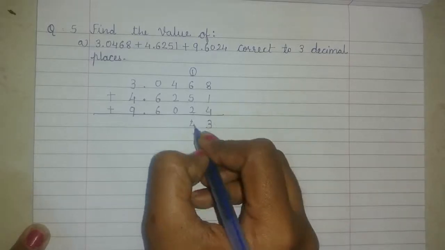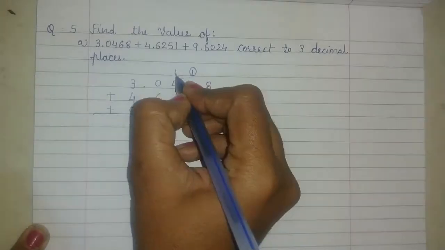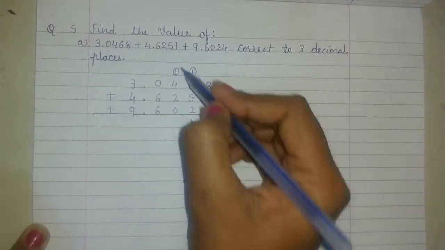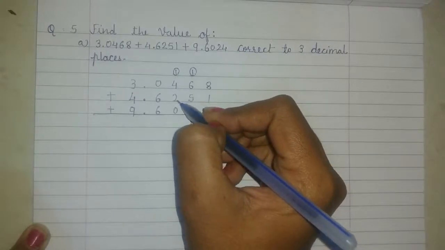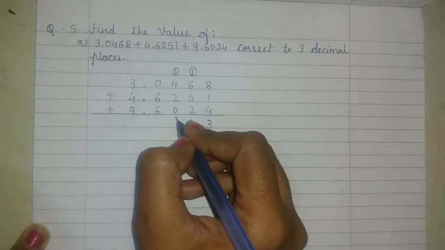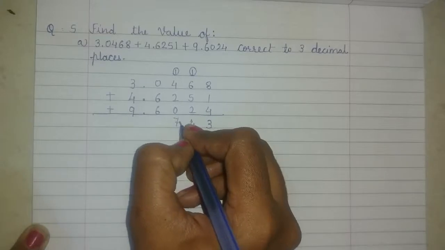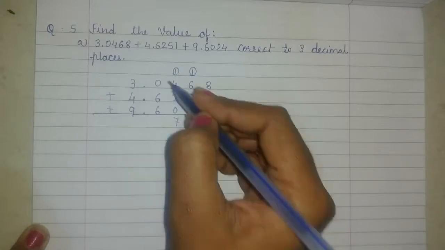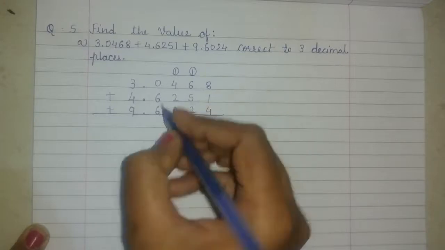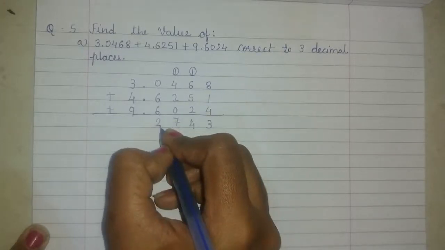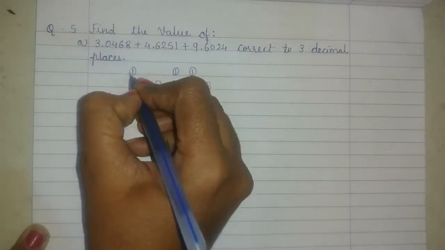So we'll write 4 over here and carry over 1. 1 plus 4 is 5, 5 plus 2 is 7, plus 0 is 7. So here we'll write 7. Now here 0 plus 6 is 6, 6 plus 6 is 12. So we'll write 2 over here and carry over 1.